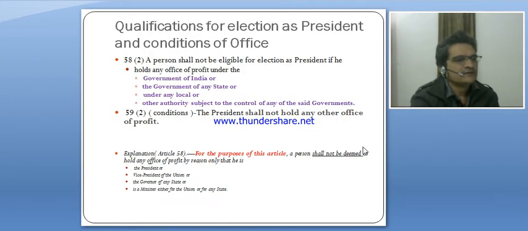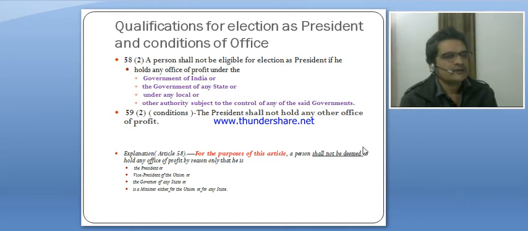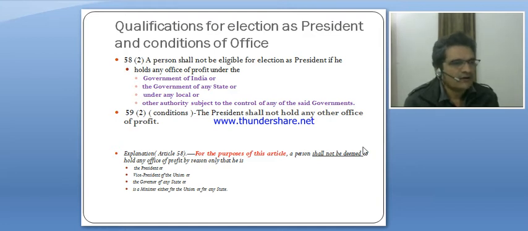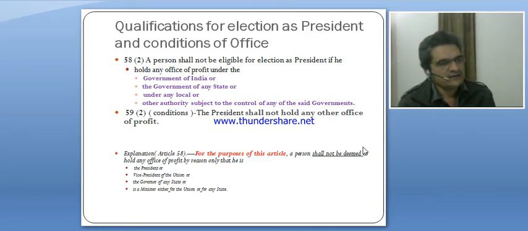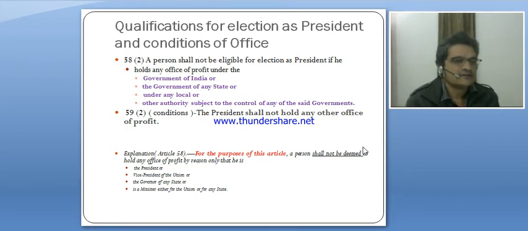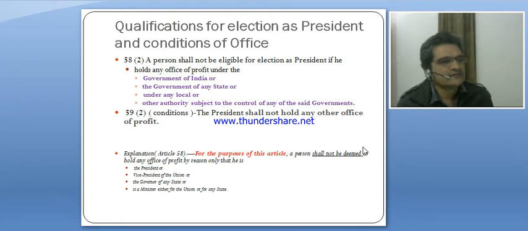Now, if we go to the qualifications of the President, Article 58 clearly says that a person who holds an office of profit, either under the government of India or the government of any state, or, this is very interesting, even under any local body or any authority under the control of the government of India or the state government, shall not be eligible to contest the election of the President.